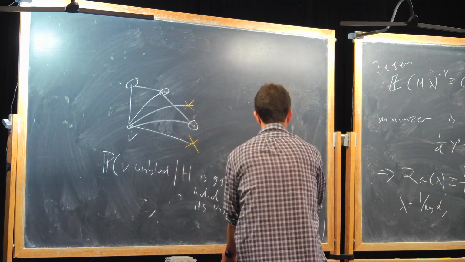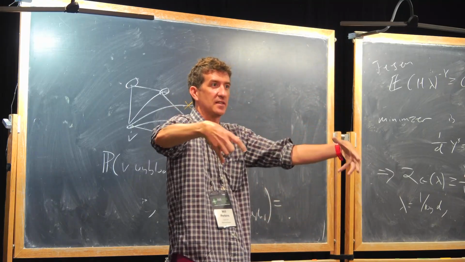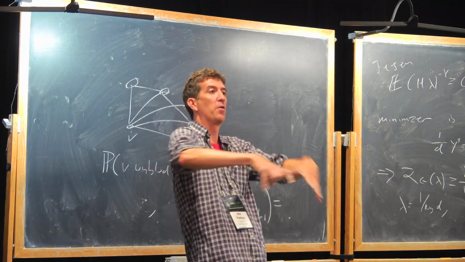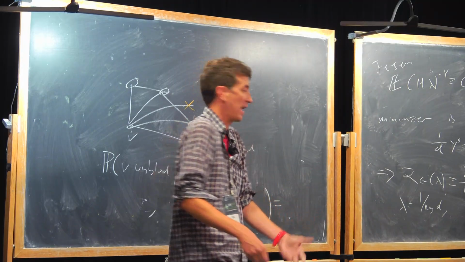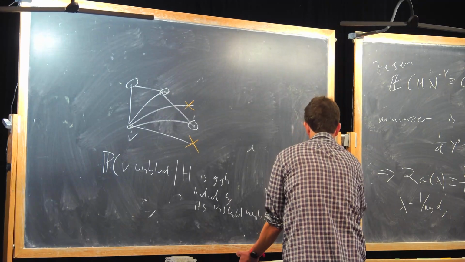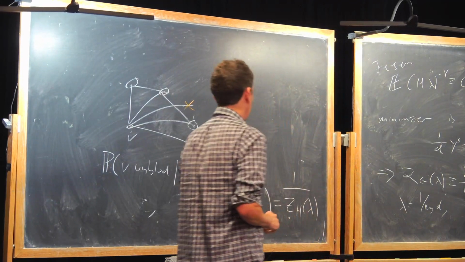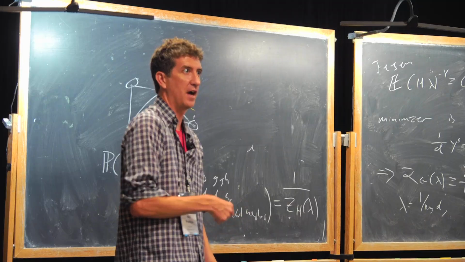Yes, exactly. So the answer is 1 over, we want this empty independent set over the total weight of all the possible independent sets, but that's just the independence polynomial of H. So this is the identity that replaces the other identity.